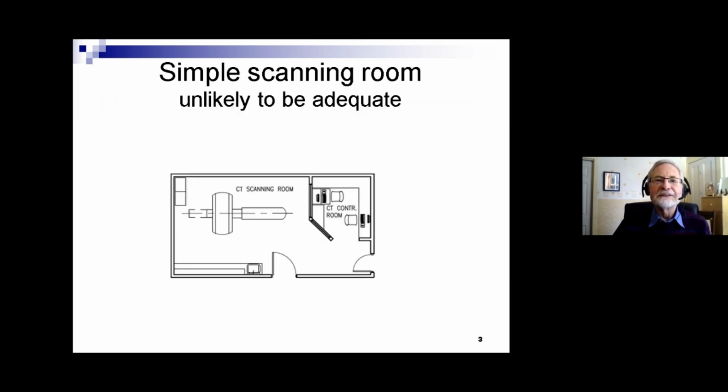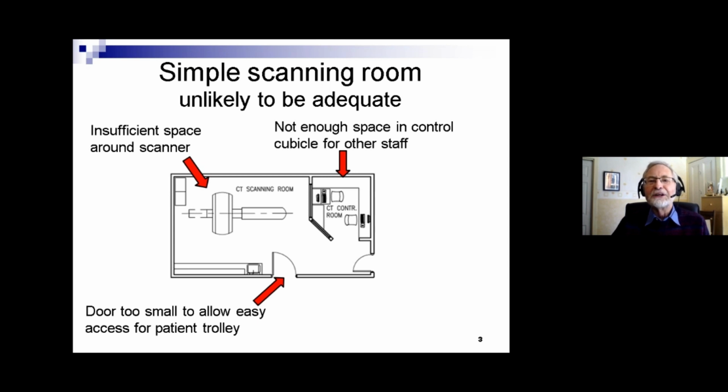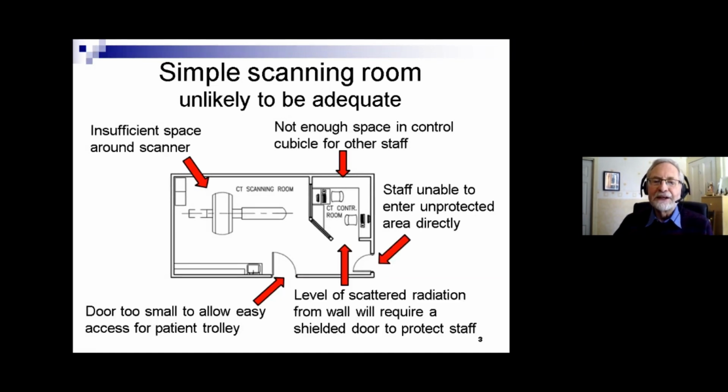So a simple scanning room is unlikely to be adequate. There's insufficient space around the scanner, doors too small to allow easy access to trolleys. There's not enough space in the control cubicle because you might have lots of other staff needing to be there. The staff are unable to enter a protected area, and you also get quite a level of scatter from a wall, which will require a shielded door to protect the staff.